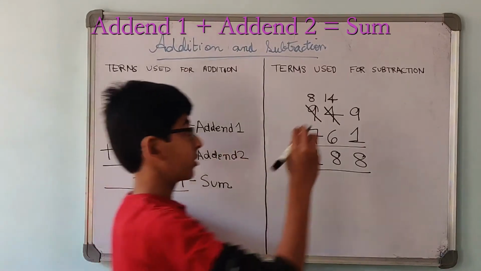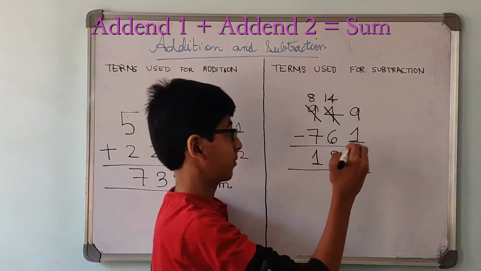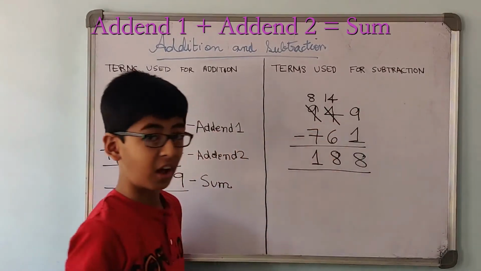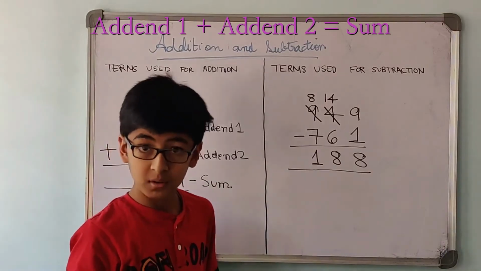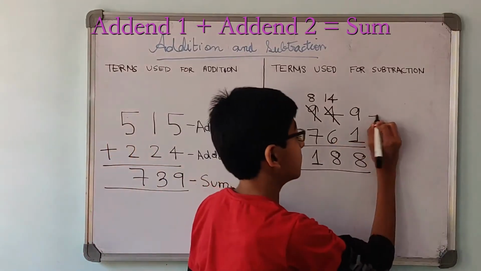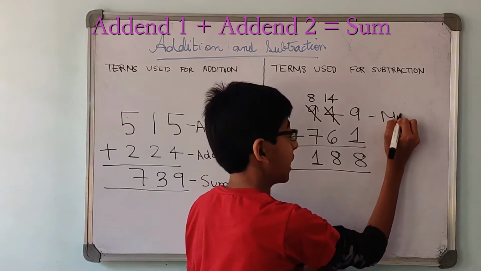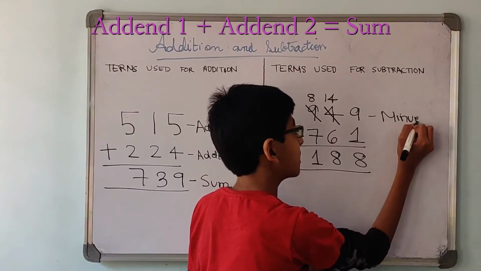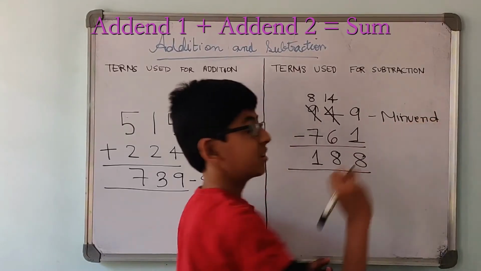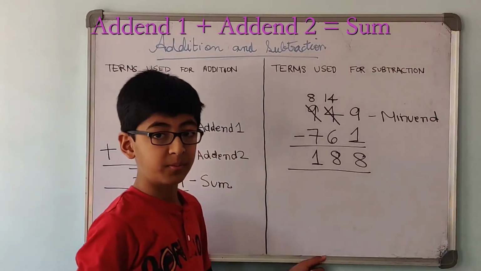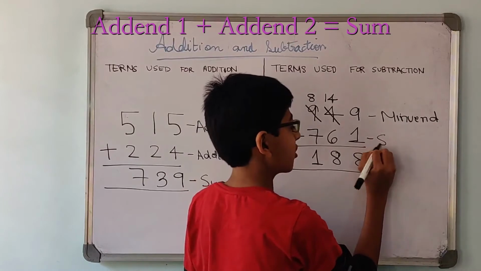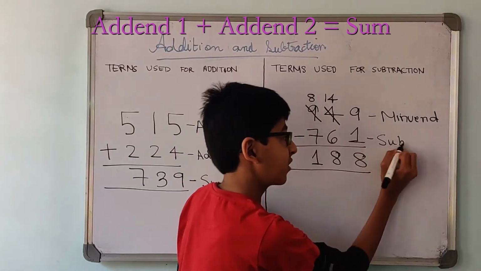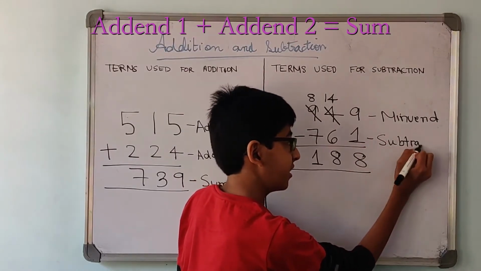Now let us know the terms used for subtraction. The number that we are going to subtract from is called the minuend. Now the number we are subtracting is called the subtrahend.